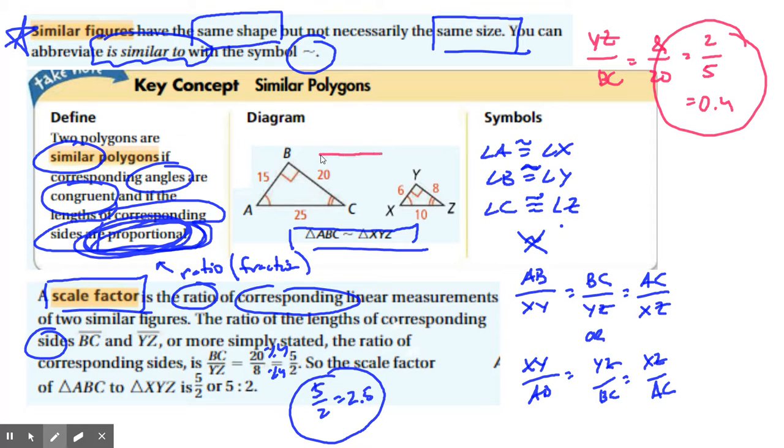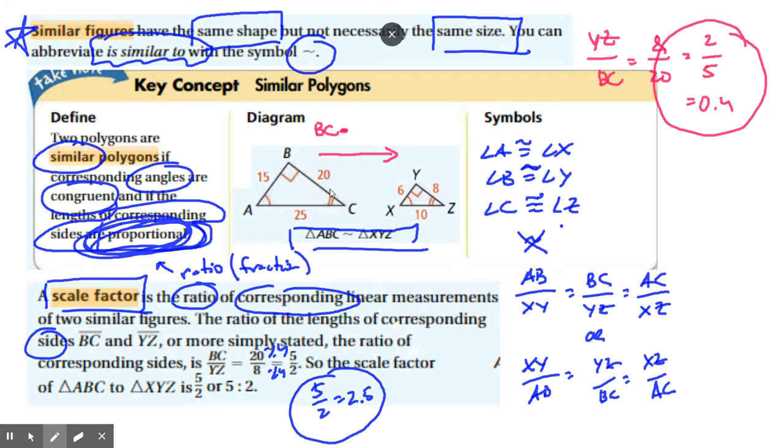Okay. Now, if I was doing this problem and I listed A, B, C first, I would ask myself, what should the scale factor be going this way? How do I get this big triangle and its side lengths to become the small triangle and these side lengths? Well, to get YZ, what would I have to multiply BC by?